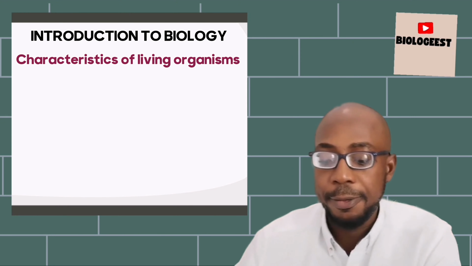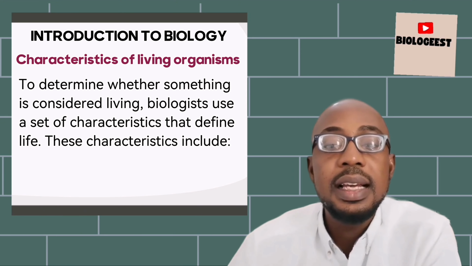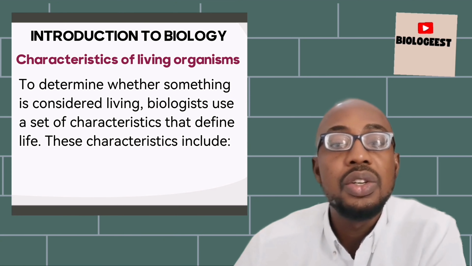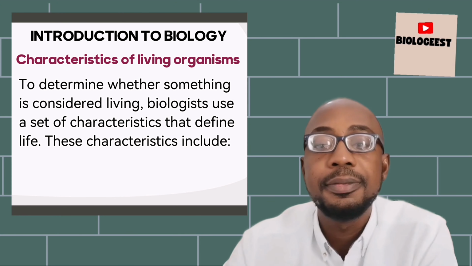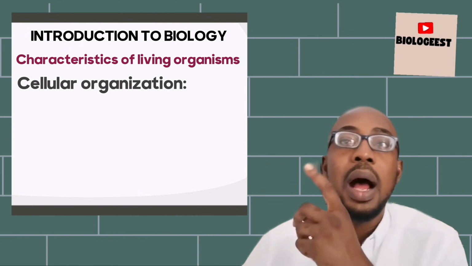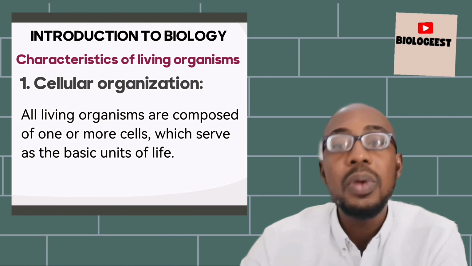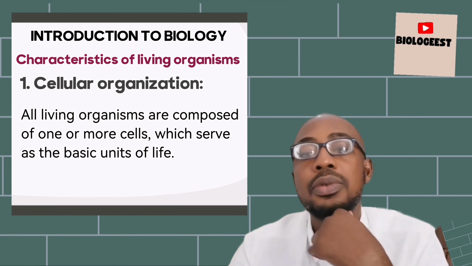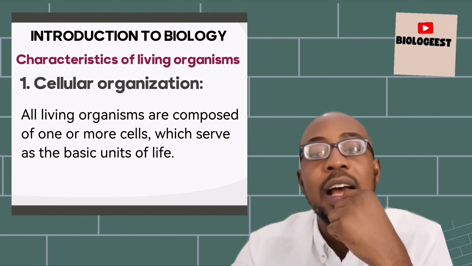Characteristics of life. To determine whether something is considered living, biologists use a set of characteristics to define life. These characteristics include 1. Cellular organization. All living things are composed of one or more cells, which serve as the basic unit of life.